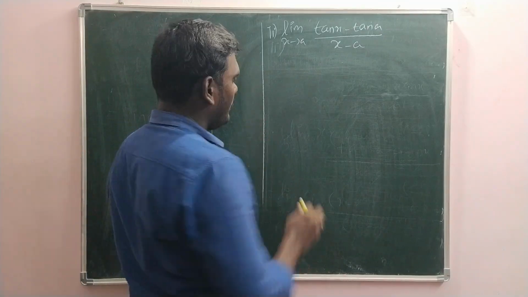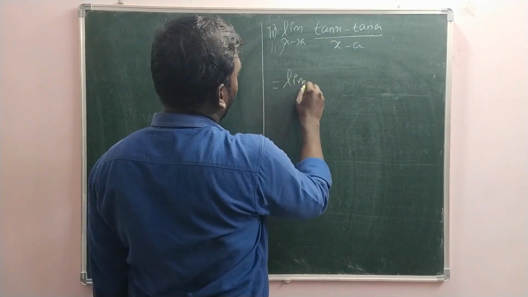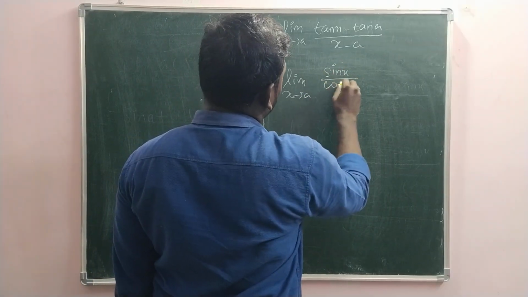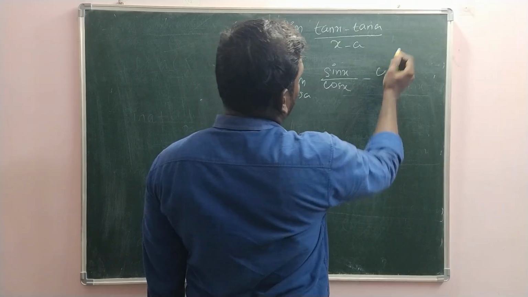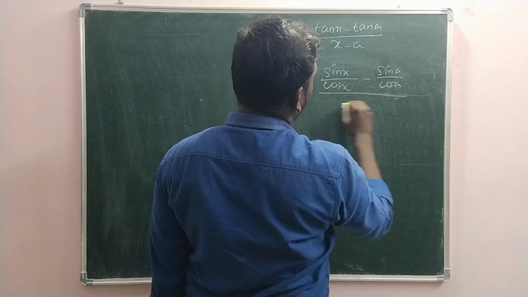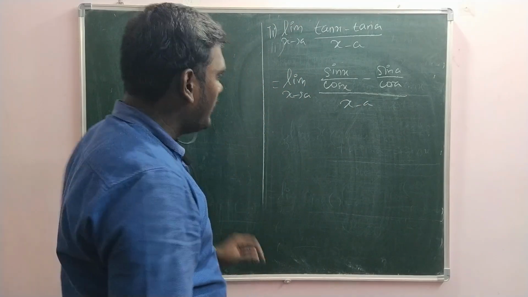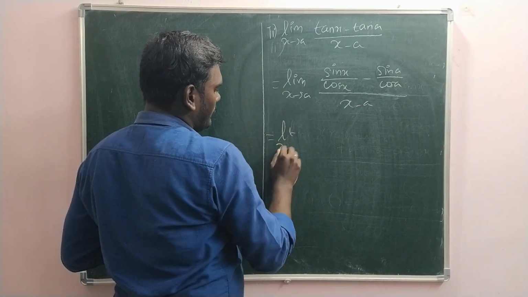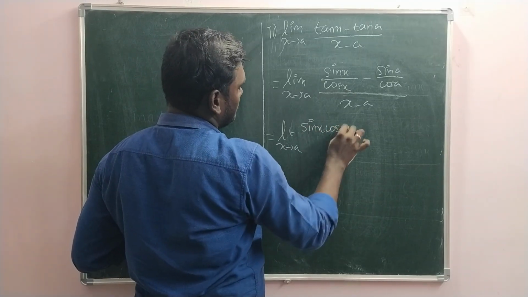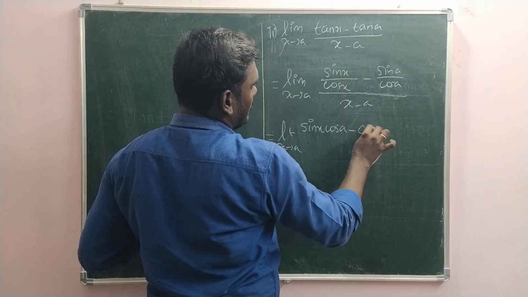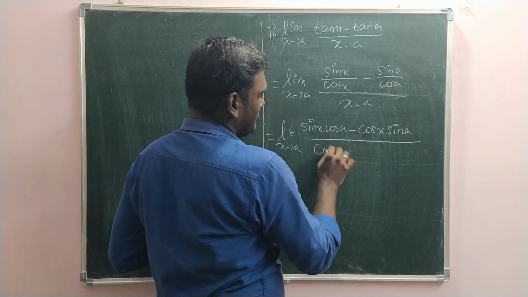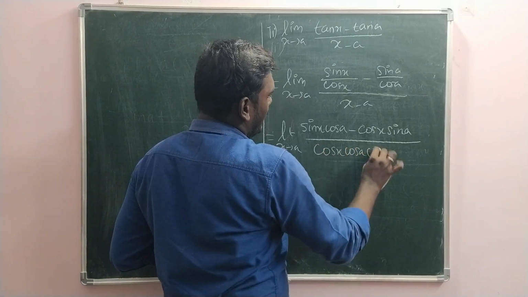So we should express this in terms of sin and cos and then we'll decide. So this is sin x by cos x minus sin a by cos a, whole divided by x minus a. And you just cross multiply. Limit x tends to a, sin x cos a minus cos x sin a divided by cos x cos a into x minus a.